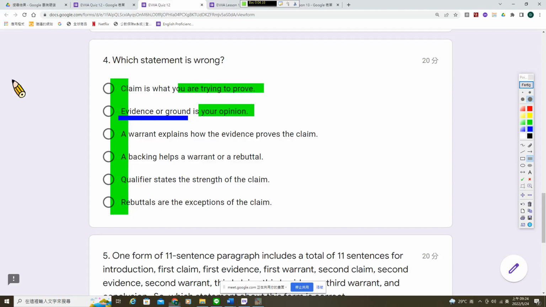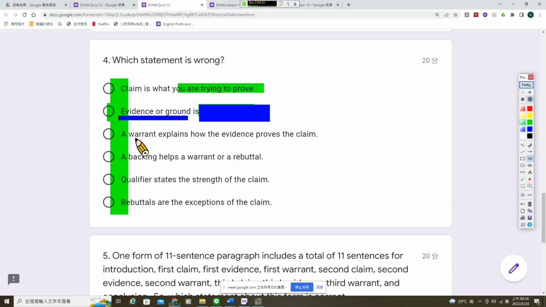All grounds must be solid. They are used to support your claim. So that's why they are evidence. So when you say you are presenting the evidence, you do not present your opinion. You present something that is so solid. So evidence or ground is the results of some other people's study or some proved fact.